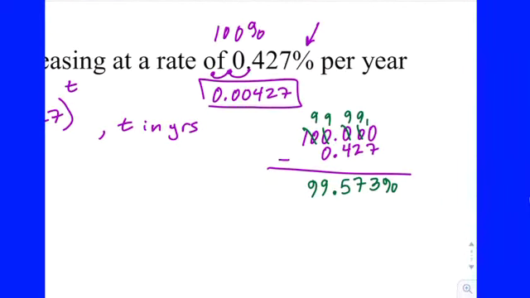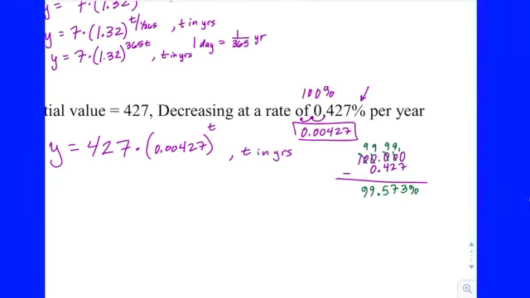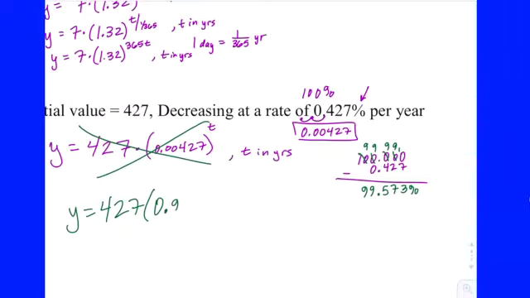And now you could put that as a decimal, and your base becomes, this was wrong, you get y equals 427 times 0.99573 to the tth power, where t is in years.